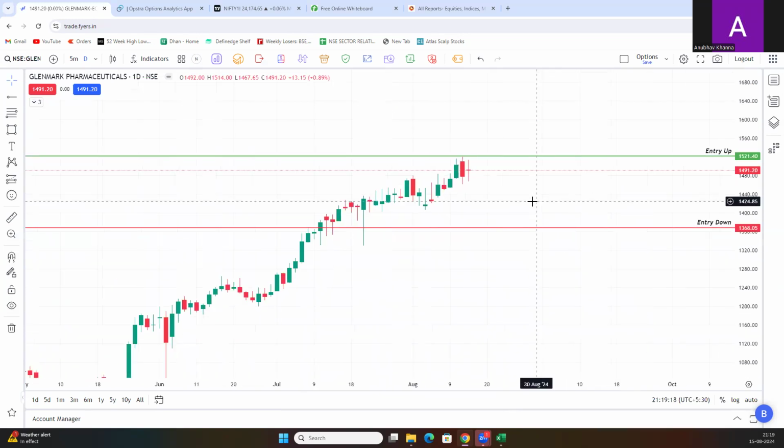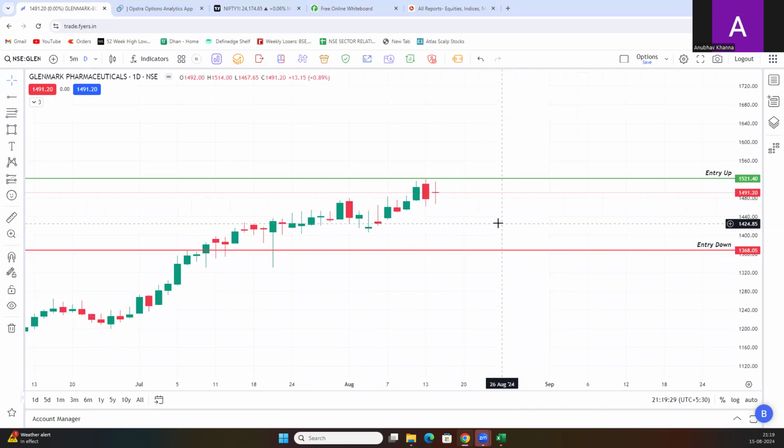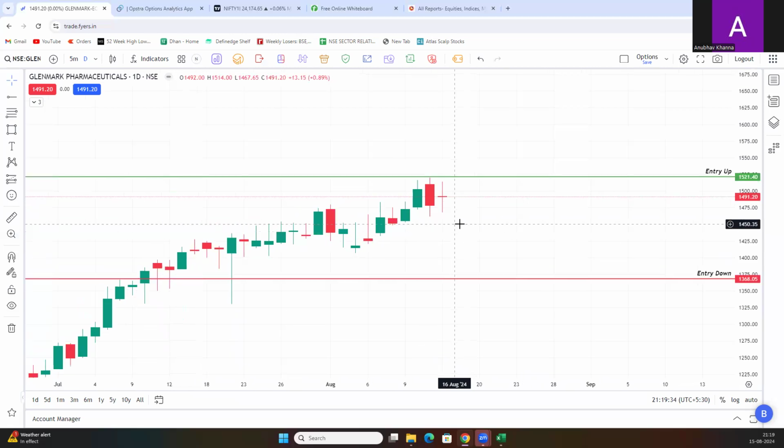Now coming to the entry point for the monthly stock selection level. Okay, now, guys, for the entry purpose, let me first open the sheet and let's calculate it in front of you.